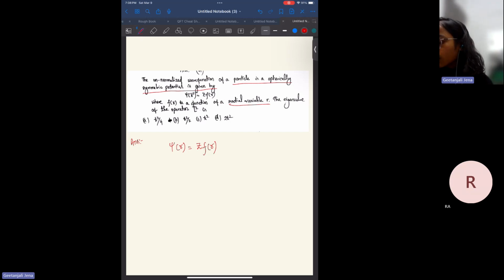Now it is asking the eigenvalue of the operator L square. So a wave function is given. Now it is asking about what will be the eigenvalue of operator L square.